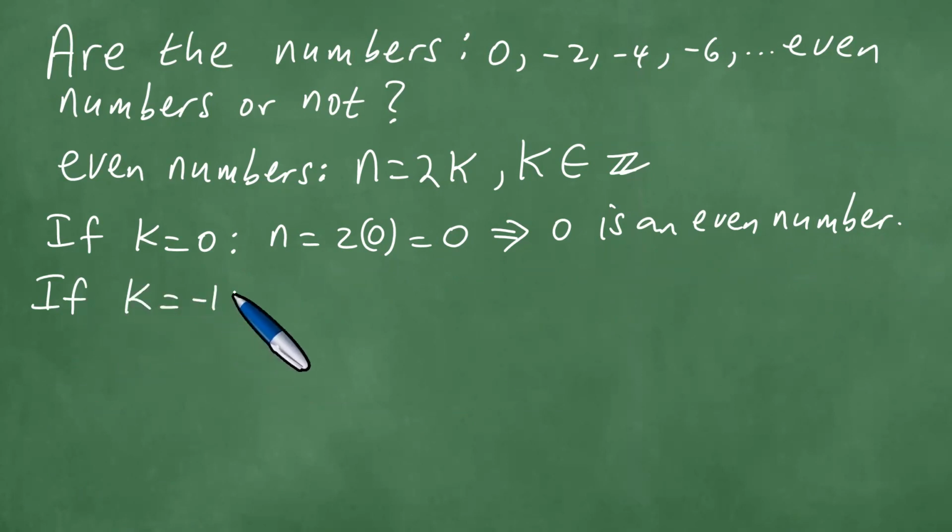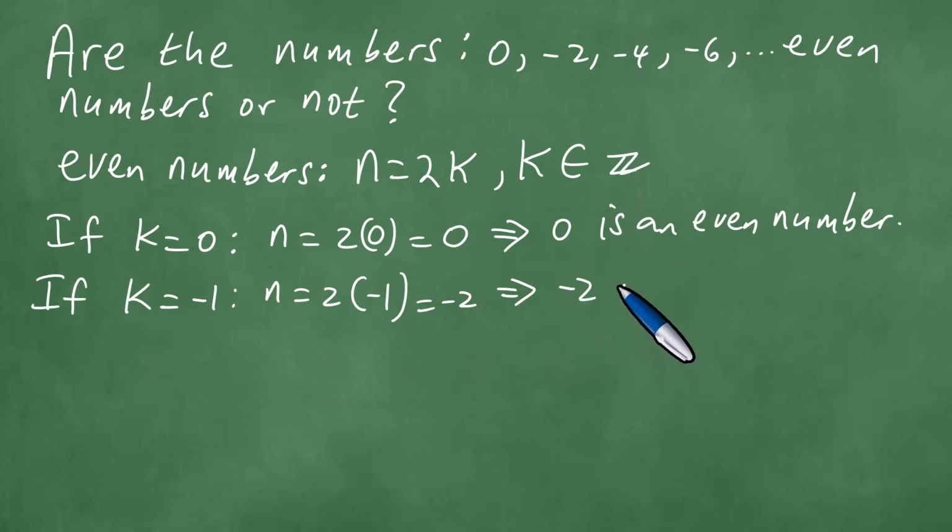If k is -1, we get -2, and that implies that -2 is an even number. Why is -2 an even number? Well, it is an even number because it can be written in the form 2 times an integer.